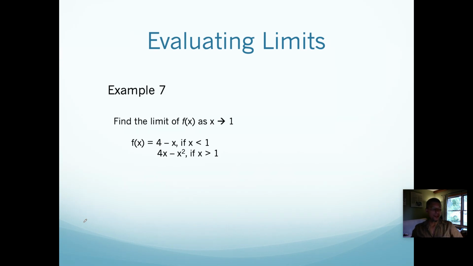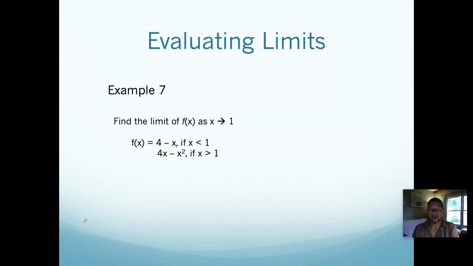In this case, we're asked to find the limit of f of x as x approaches 1 of the function f of x equals 4 minus x if x is less than 1, and 4x minus x squared if x is greater than 1.